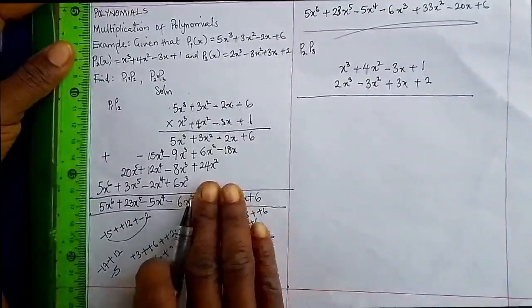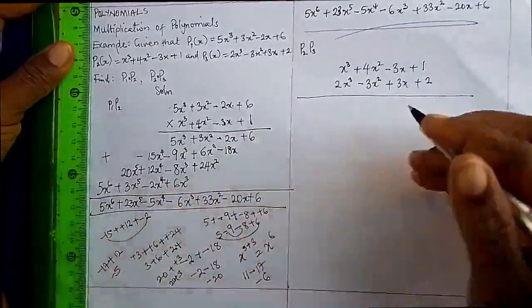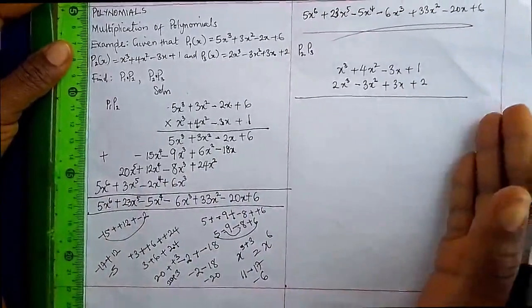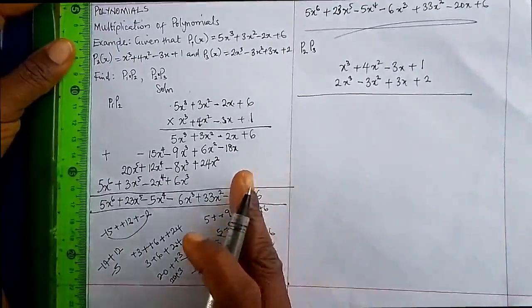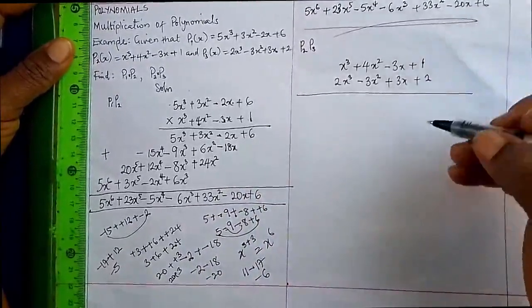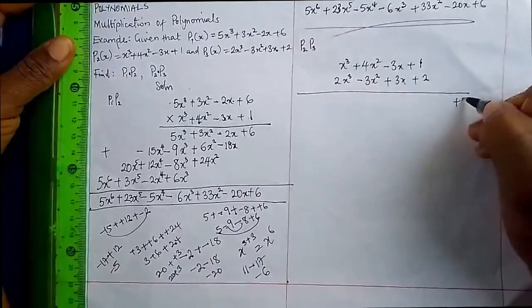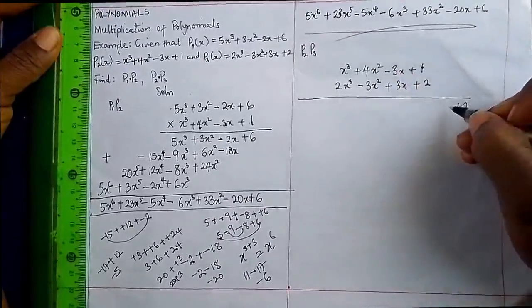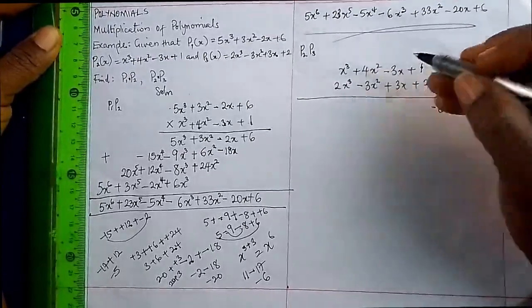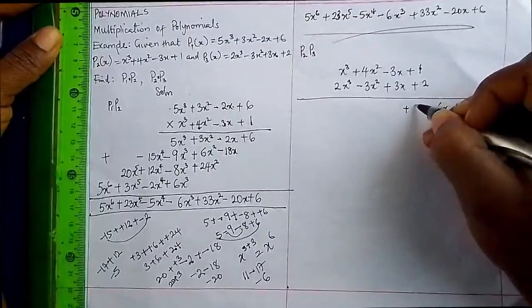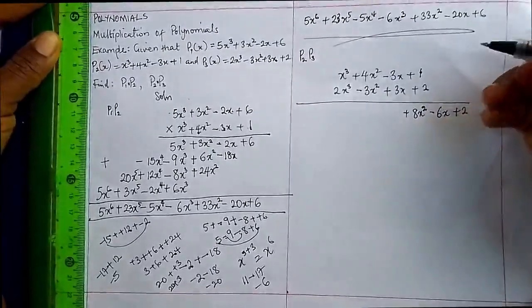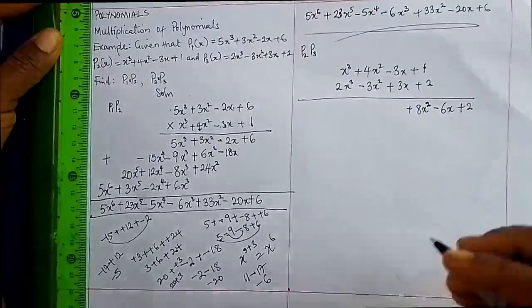Okay, just like you see the way the numbers were tilting towards this way, I'm going to start multiplying, then I will start writing my numbers from here because the numbers will eventually tilt towards this way. So now we have 2 multiplied by 1, that's plus 2. 2 multiplied by minus 3x, that's minus 6x. 2 multiplied by plus 4x squared, that's plus 8x squared.